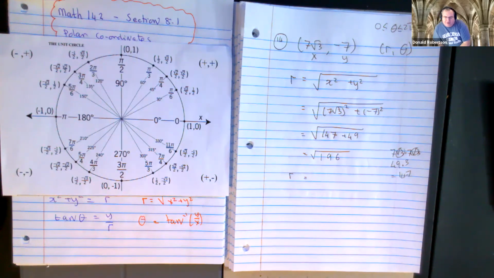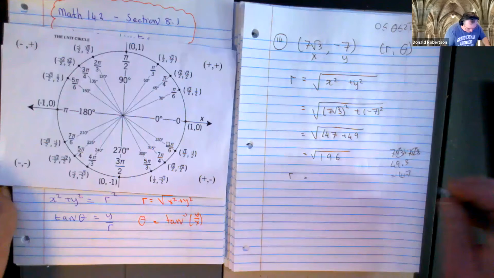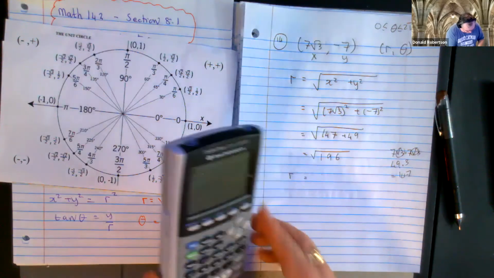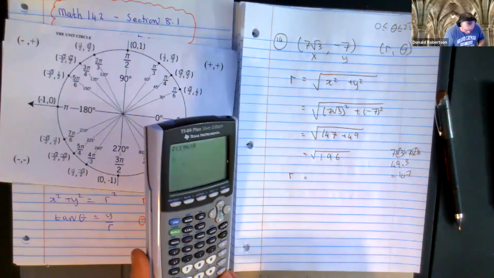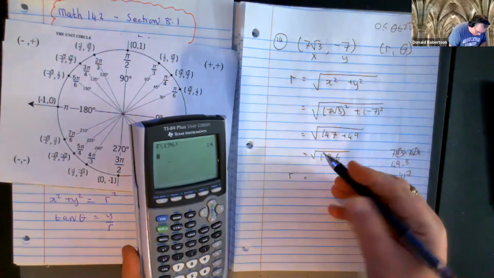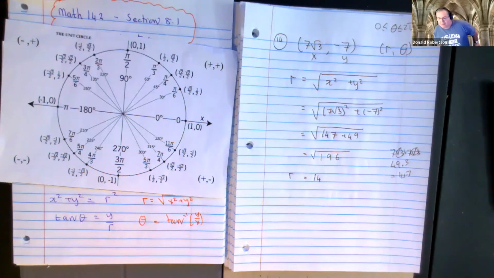Can that simplify? Yeah, the square root of 196 is equal to 14. Okay, so I'll show you that. See, you might not quite get perfect numbers like that, but couldn't you get things like the square root of 20, something like that, where you could simplify it a little bit?